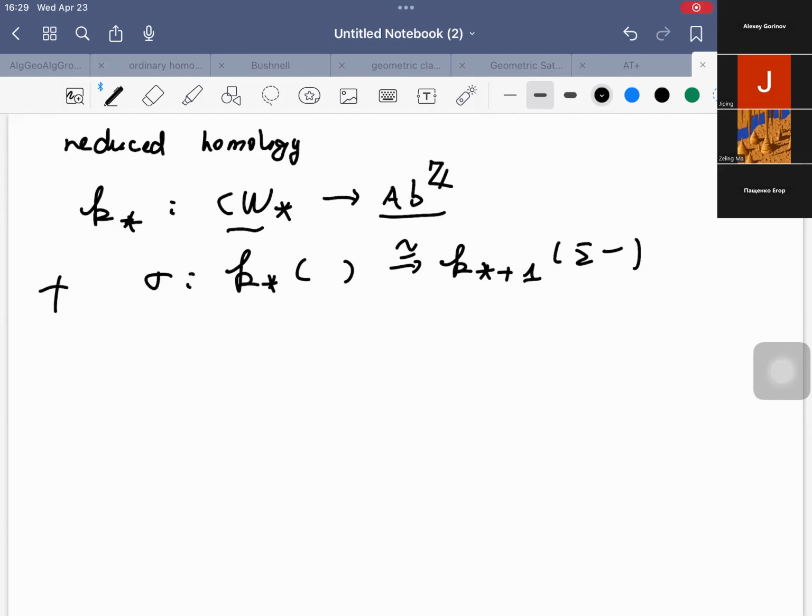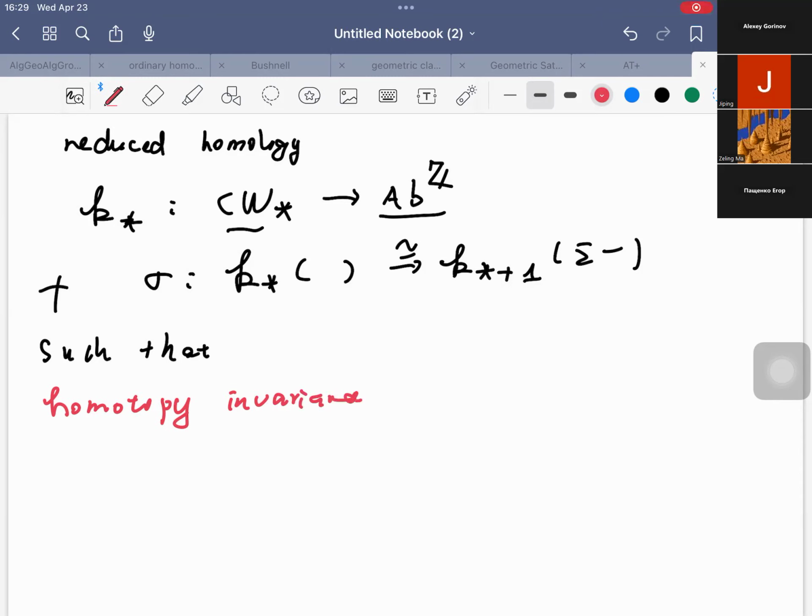We also need some version of the excision property. I just write such that it should satisfy three conditions. First is called homotopy invariance.